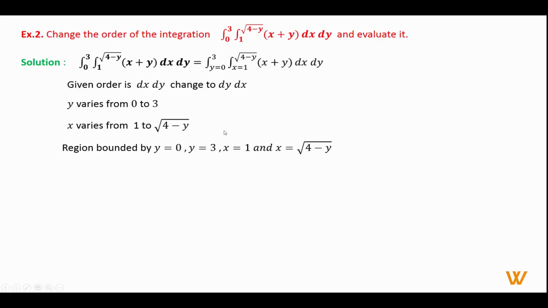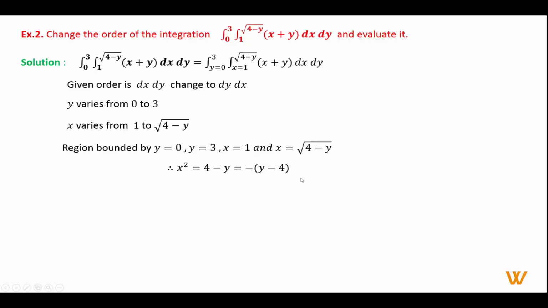Now squaring both sides we get x square equal to 4 minus y. Taking minus sign common inside the bracket, y minus 4, x square equal to minus of y minus 4. This is the equation of a parabola.